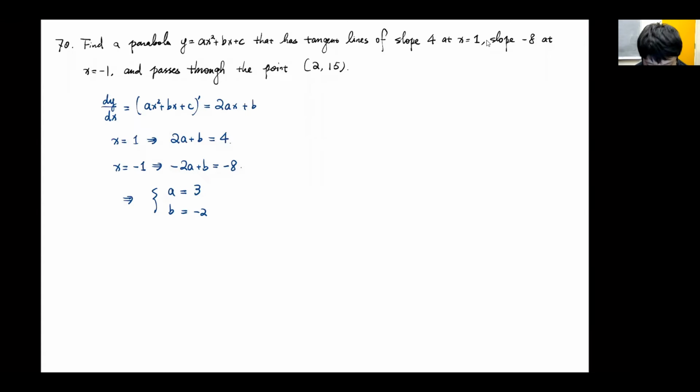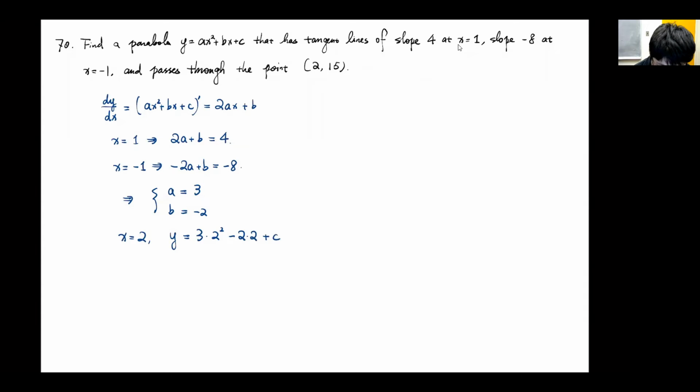Now that we know a and b, what remains is just the constant c, and we are going to use the last condition. It passes through the point (2, 15). So when x equals 2, y being a times x squared, with a being 3, will be 3 times 2 squared. Then plus b times x, with b equals -2, so it will be -2 times 2. And finally, plus c.